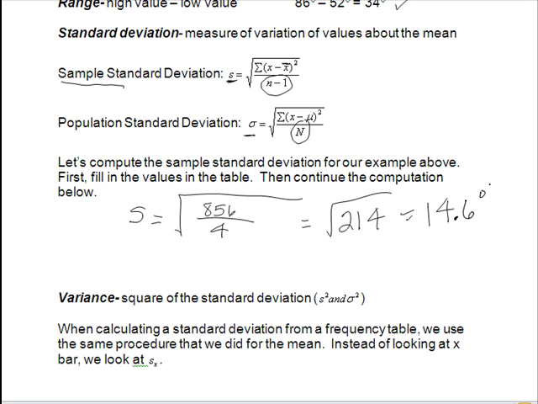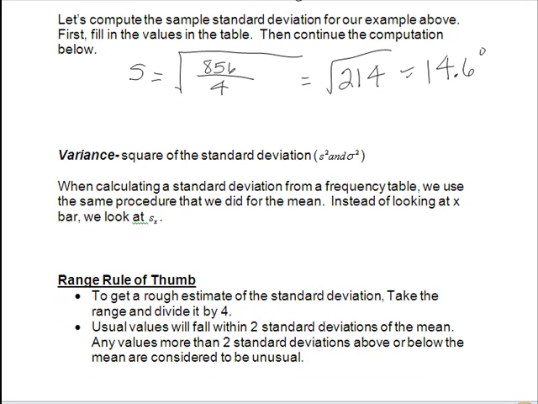If we're talking about a sample, it's s squared. If we talk about a population, it's sigma squared. So in the example we just looked at, if we square the answer we got, we actually get the number inside the radical, which is the 214. So that would be the variance. And the textbook does sometimes ask for that, so it's important for you to know that.